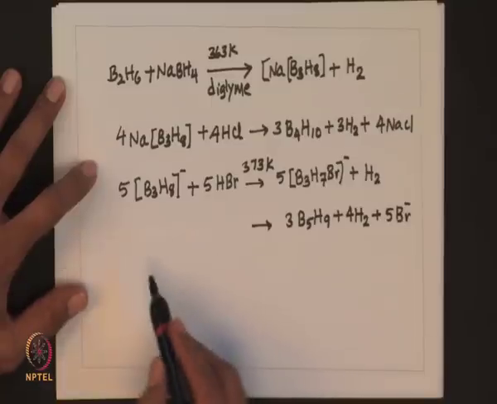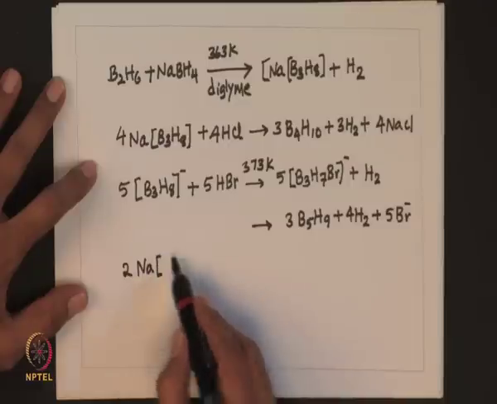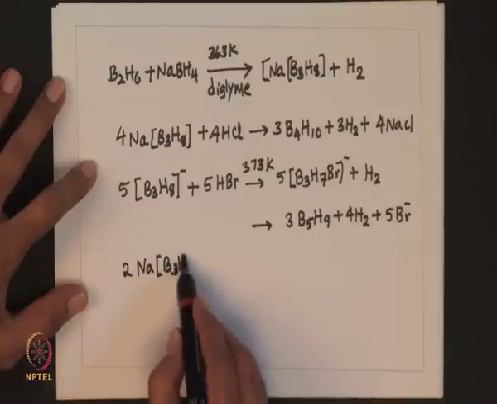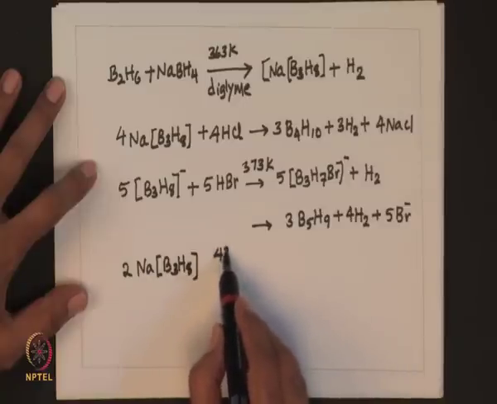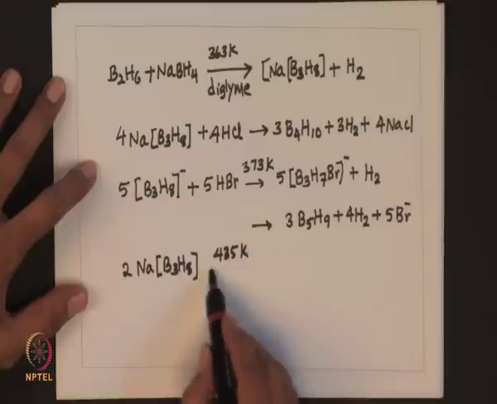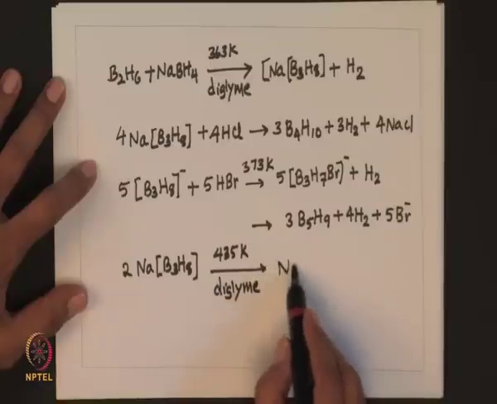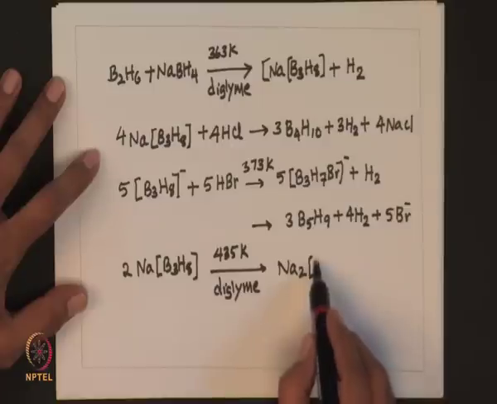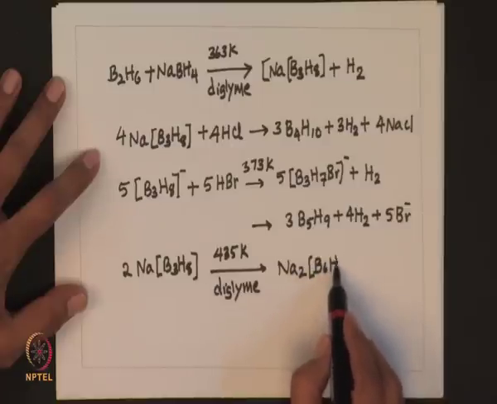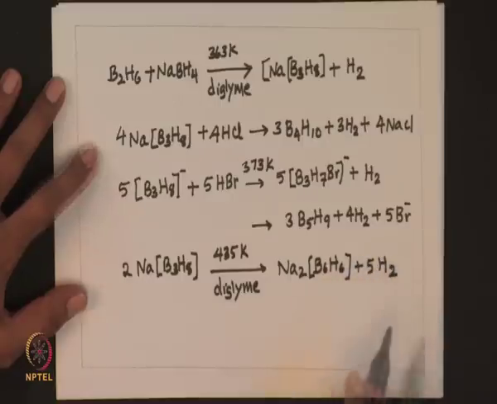In another interesting reaction, when sodium borohydride is heated to 435 Kelvin, again in diglyme, it gives dianionic boron hydride Na2B6H6 plus 5 hydrogen gas will be liberated.